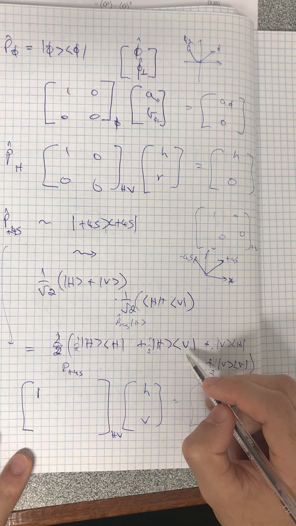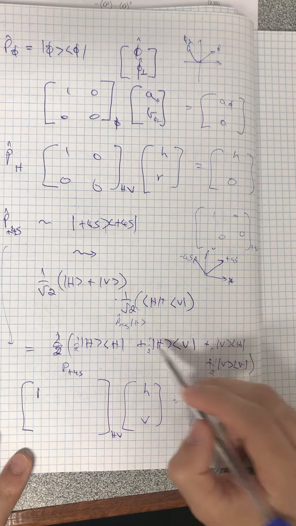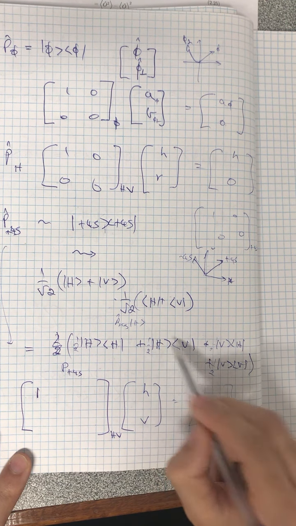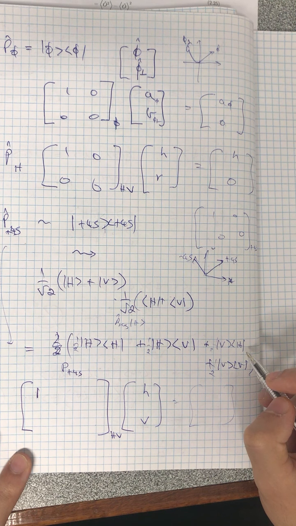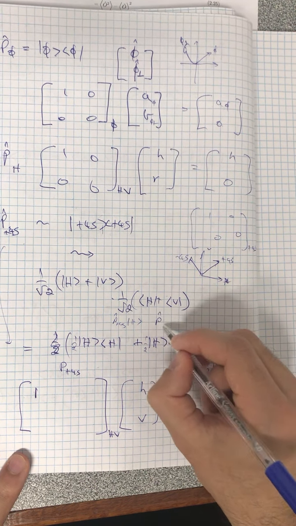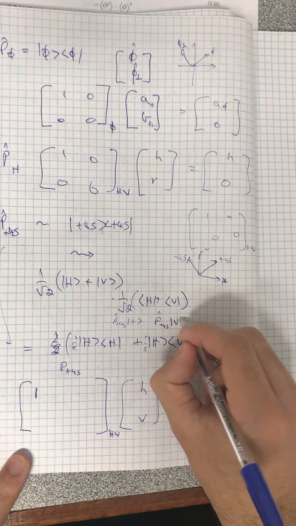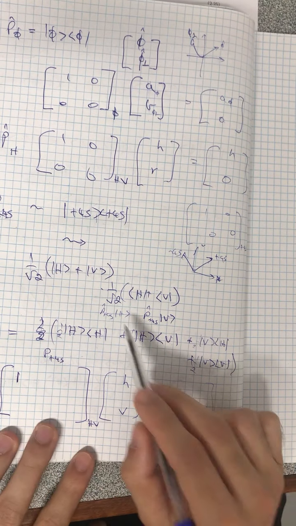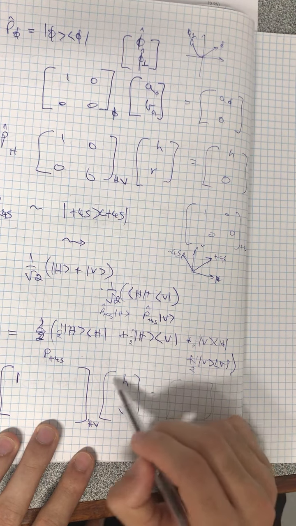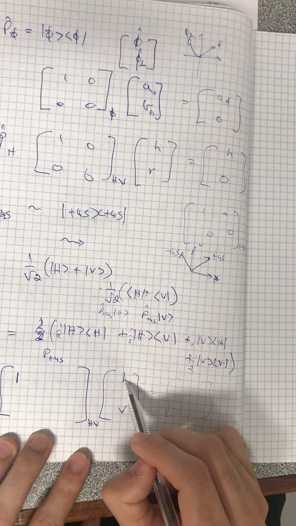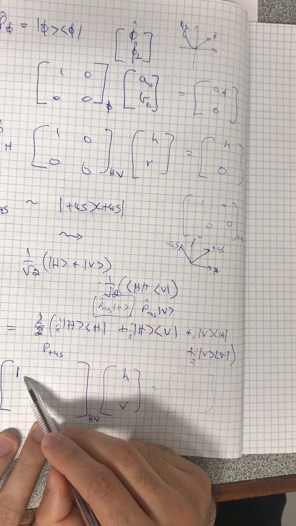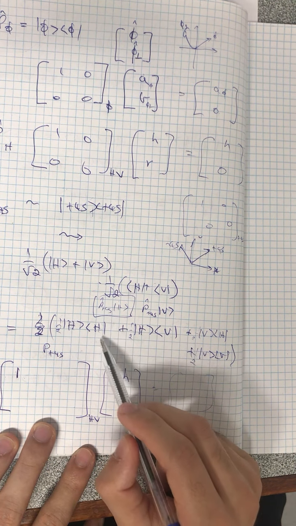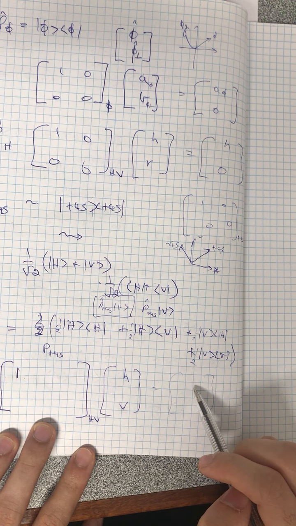Now, what about this one? So this one, from the H component, doesn't contribute. So I really just need to consider 2. I need to consider V and H. So let's consider V, so that gives me 0. So I need to consider all the elements that are going to be times this component that I get from here. So it acts on H, it takes the H component and puts that along H, okay?